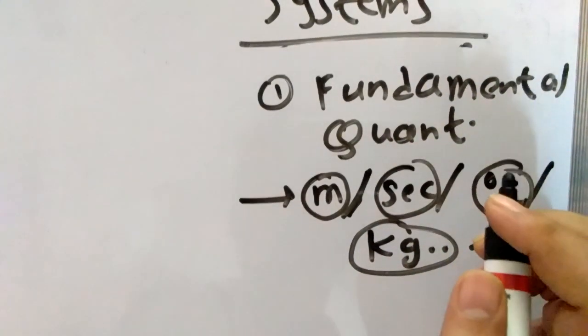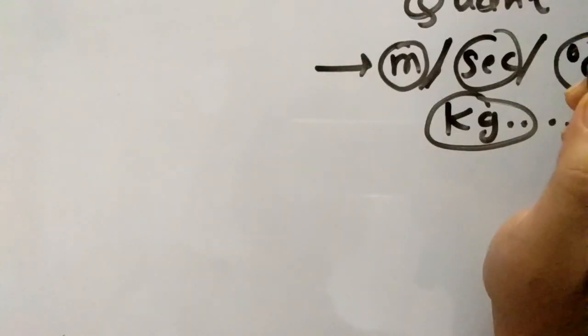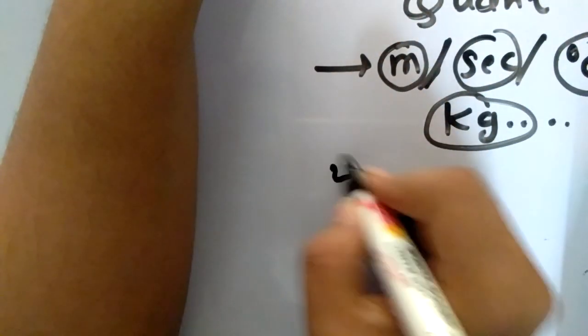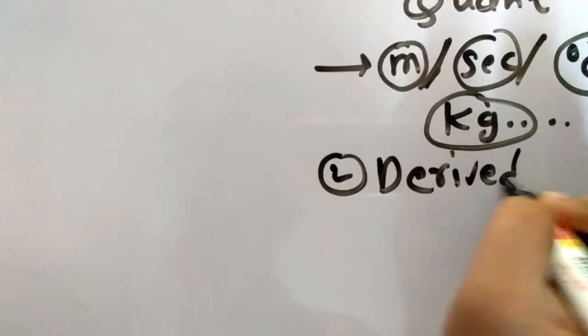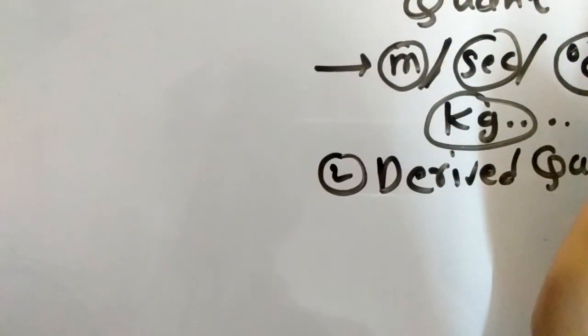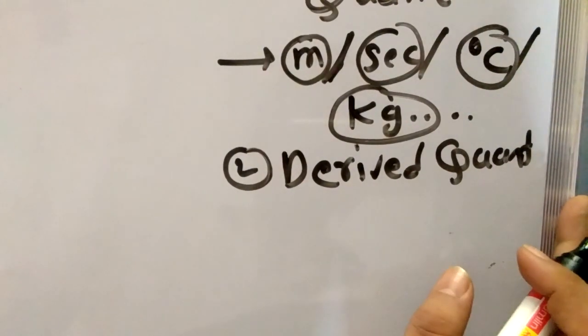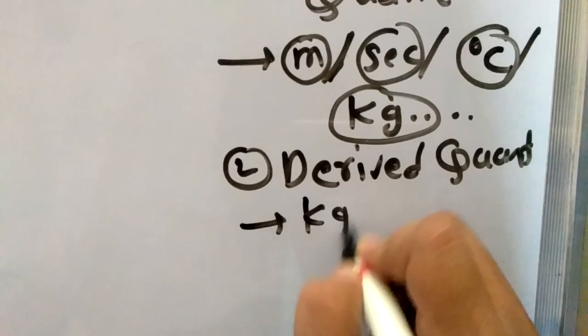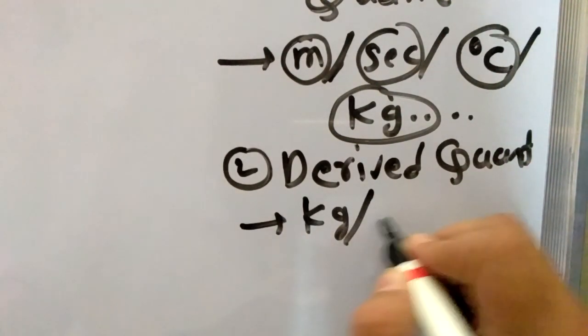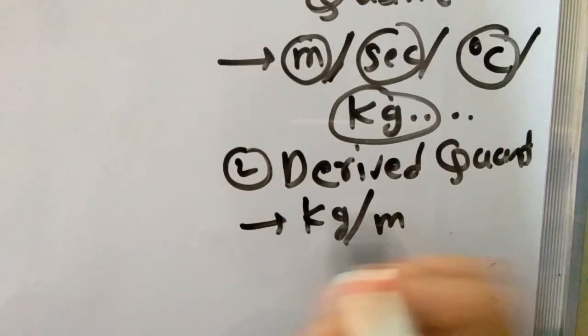And next is derived quantity, which requires more than 1 unit. Second, derived quantity, which is derived quantities are dependent on one or more. For example, like kg per meter. Okay, kg per meter means 2 units.